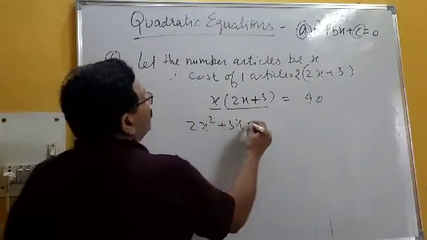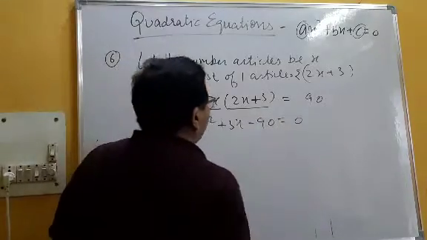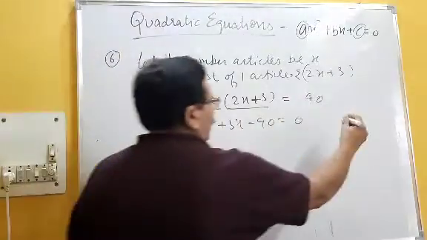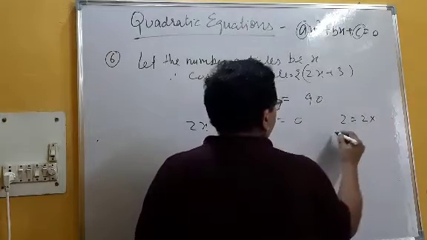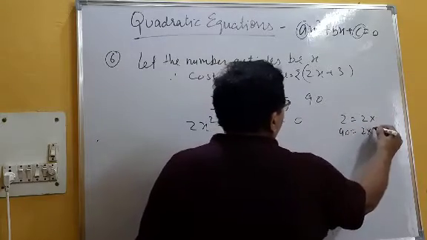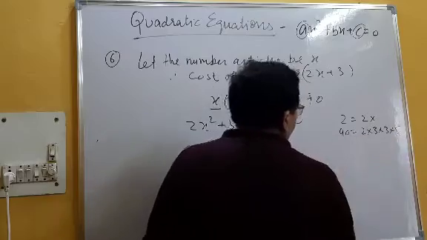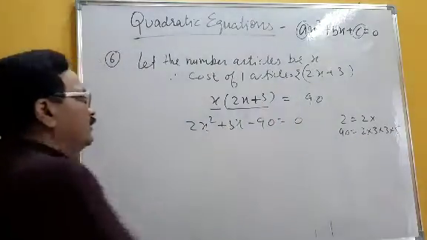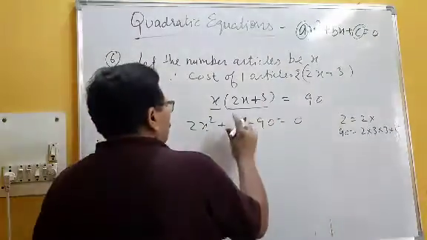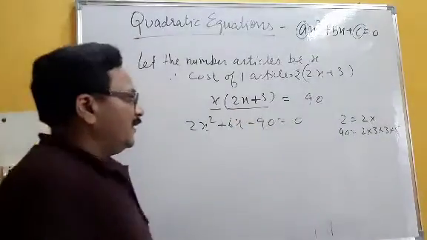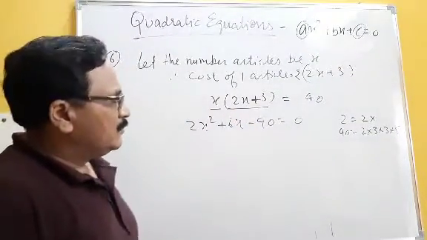2x square plus 3x minus 90 equal to 0. Same thing, factorize. 2 has factors 2 into 1, and 90 has factors 2 into 3 into 3 into 5. And you have to bring 6x here.